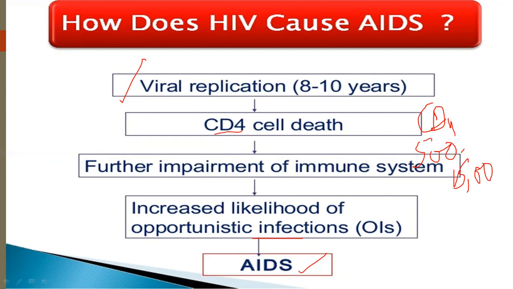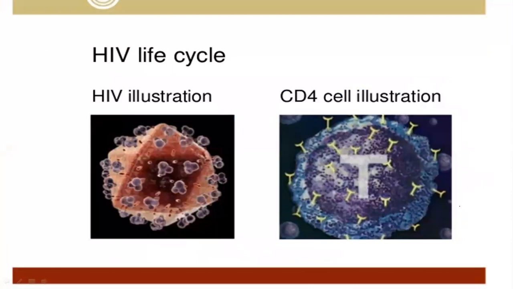But in HIV patients, it drops down to less than 200 T cells or T lymphocytes or CD4 cells. So that is a very drastic condition for the person who has this type of virus.